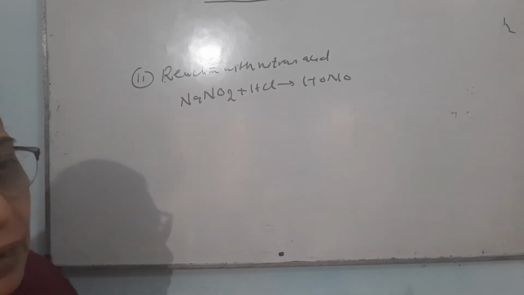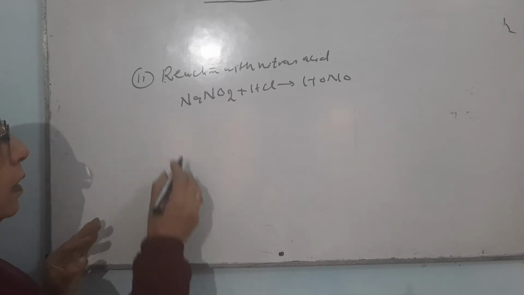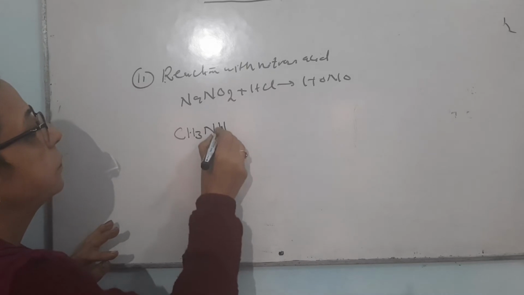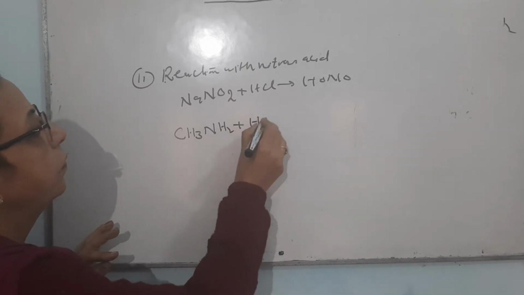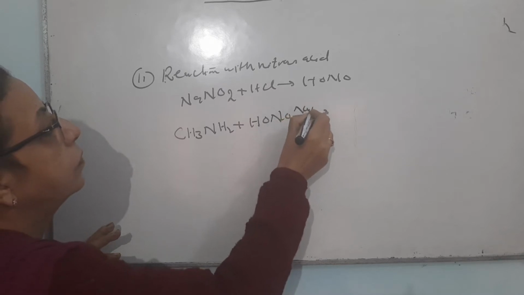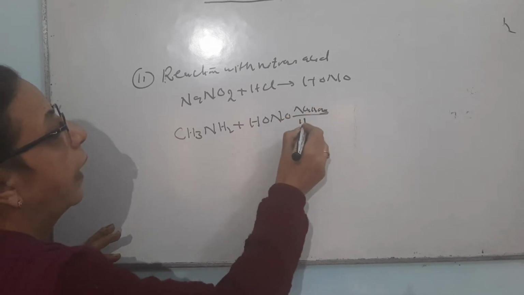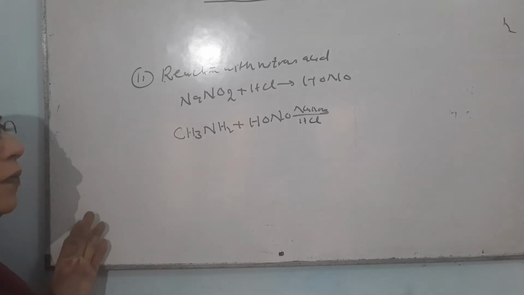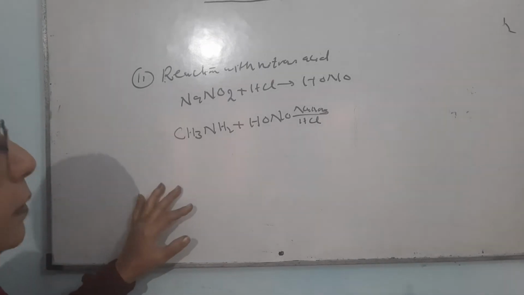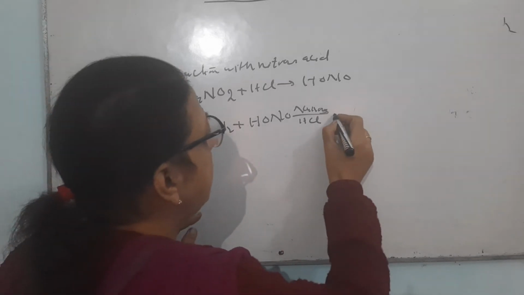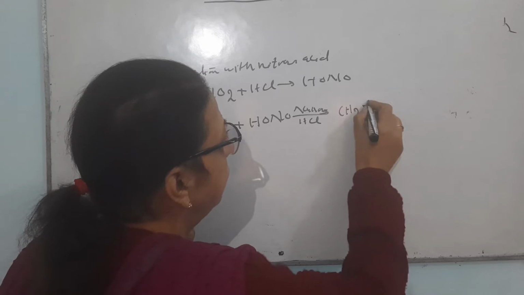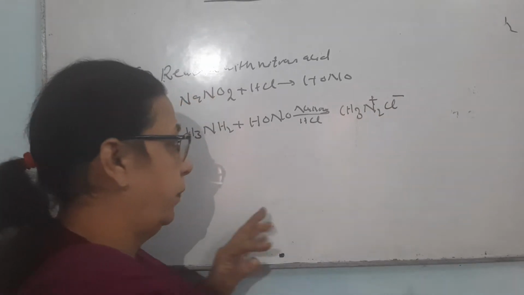If the reaction of any aliphatic amine is done with nitrous acid, NaNO2 and HCl, there will be formation of methyl diazonium salt, CH3N2+ Cl-.